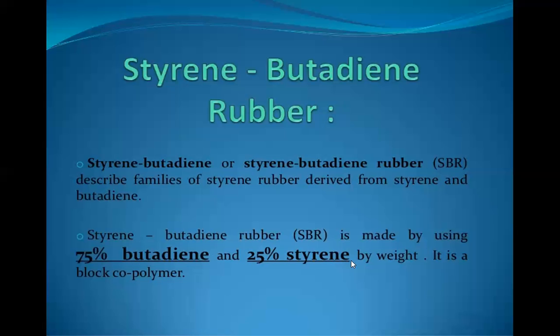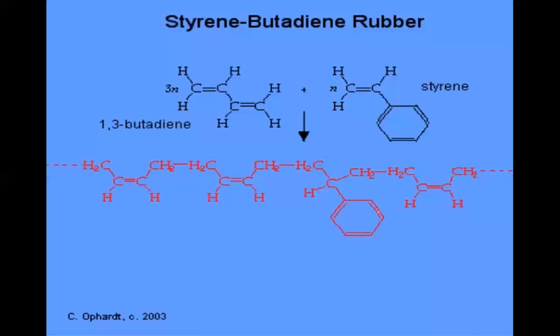SBR is made using 75% butadiene and 25% styrene by weight. So it is a block copolymer.